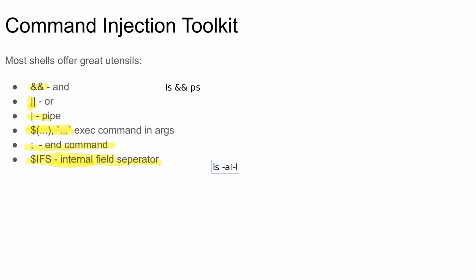Here's a space again, so minus a and minus l are different fields. So it then can split up this input into the different fields, namely ls, minus a and minus l are all different fields.